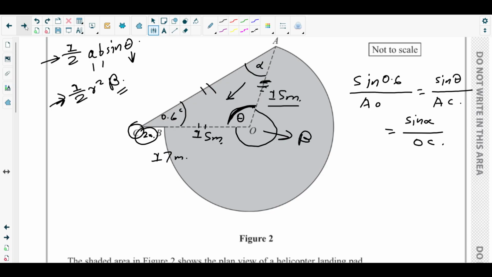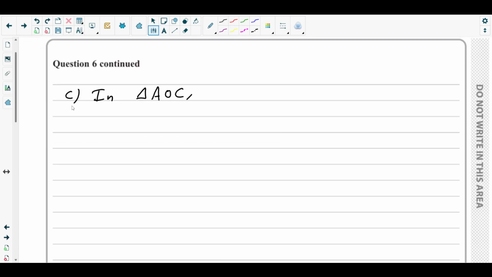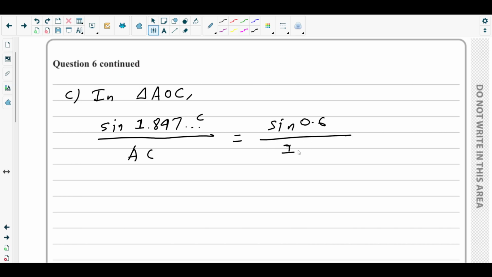Let's consider, in triangle AOC, sine theta, where theta is 1.847 dot dot dot radians, over the opposite side AC, that's what we need to find out. Sine 0.6 over the opposite side 15.